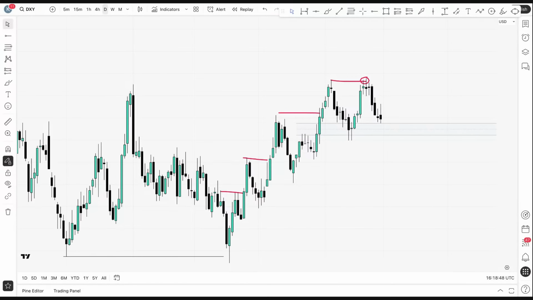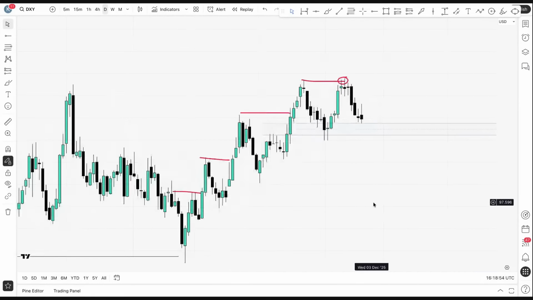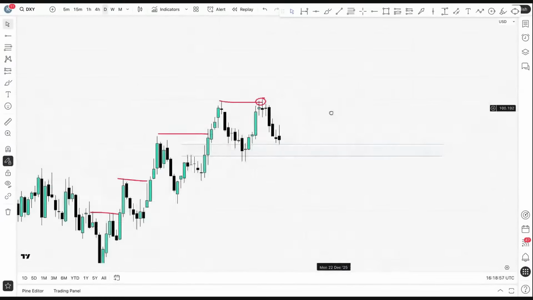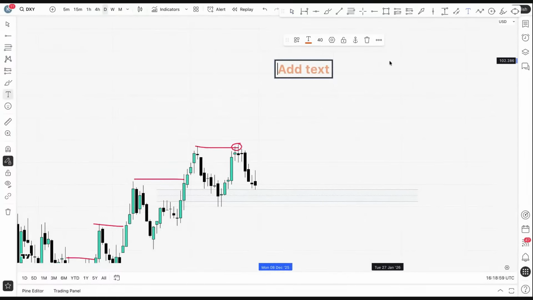Okay, so what you have here is progression of price. Boom, boom, boom, boom, boom. So you have price as a bullish market on the daily time frame. So we have the monthly, remember, bearish, the weekly, bullish. The daily time frame is bullish.